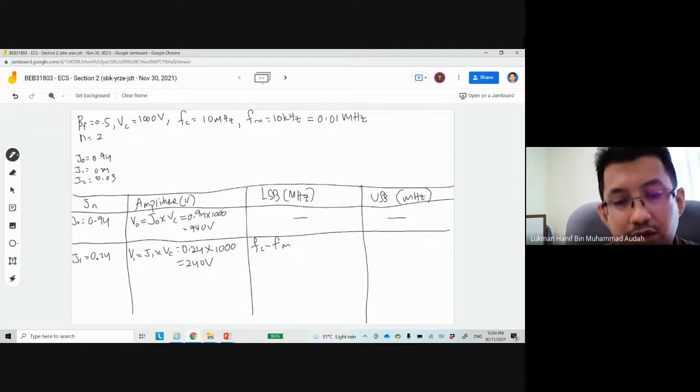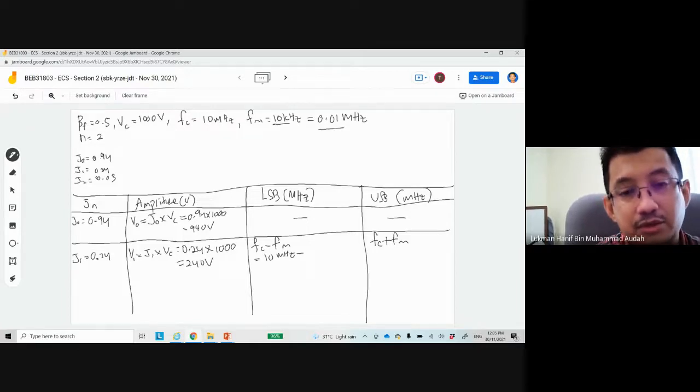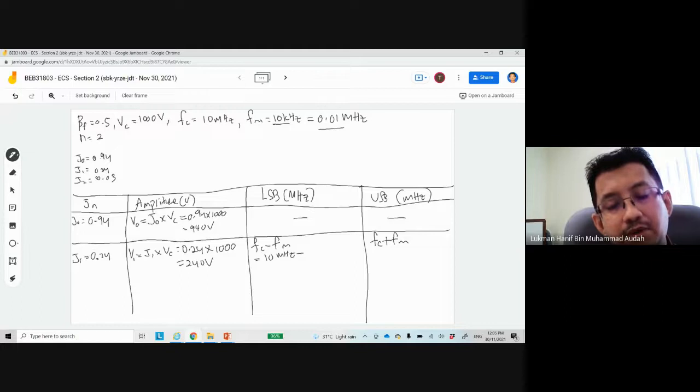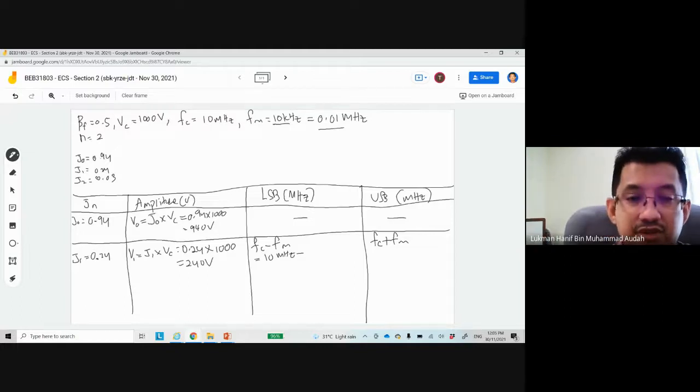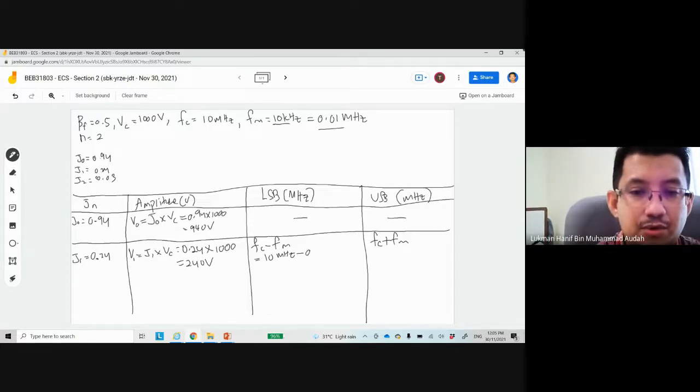So this is 10 megahertz minus FM. FM saya dah ada 10k, so it's easy for you to use the same unit mega. 10 kilo equal to 0.01 mega. So minus 0.01 megahertz, this is equal to 9.99 megahertz.